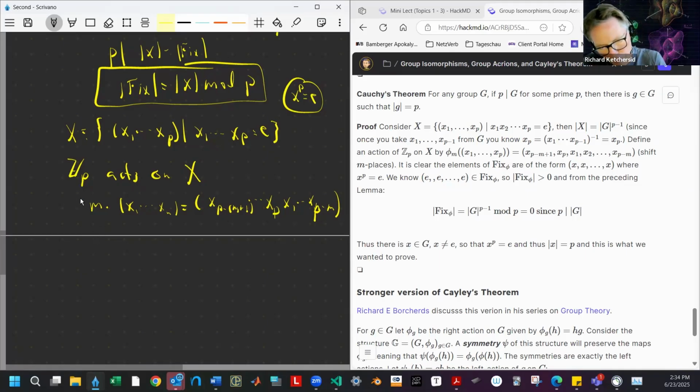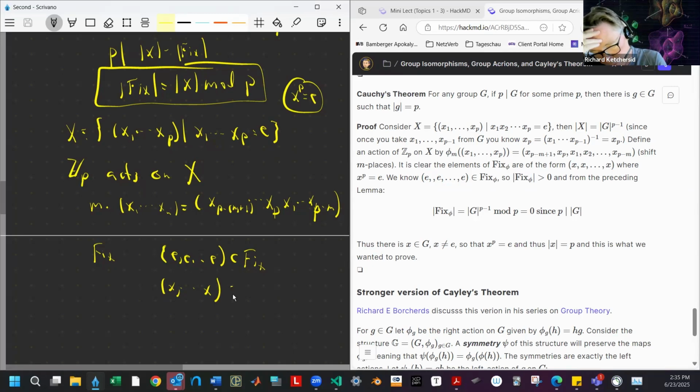Okay, and so we know that fix, so that's the action, right? And fix does have at least one element in here because this thing, E, is an element of fix, right? What other things could be elements of fix? Well, if they're going to be fixed, no matter how I move these things around, I'm always getting the same sequence, right? So the only other things in fix would be things of the form x, x, x, x, p many times.